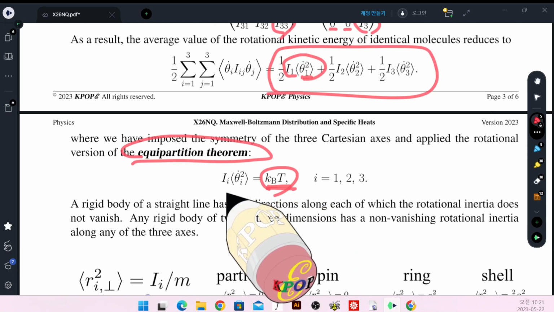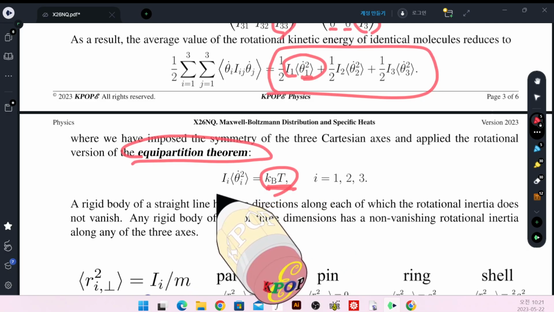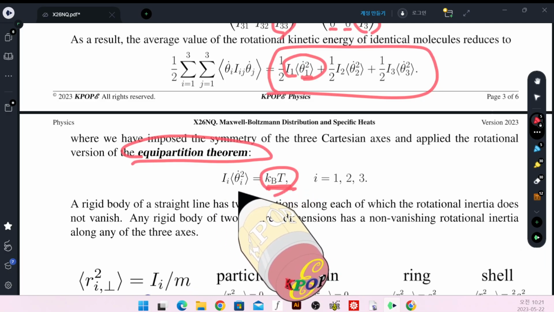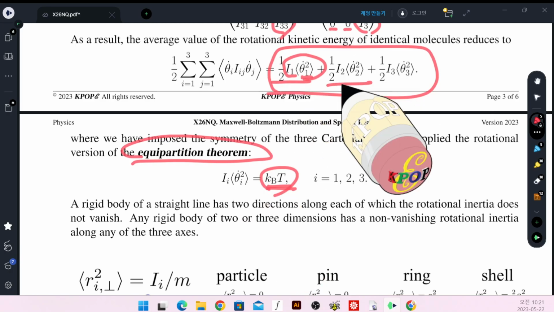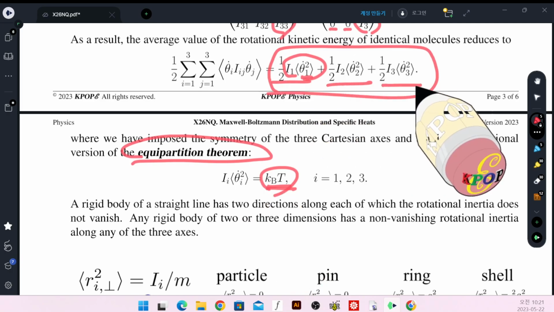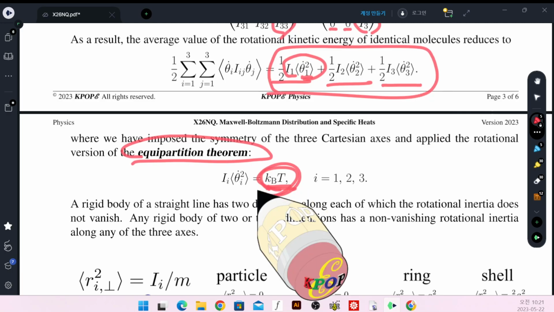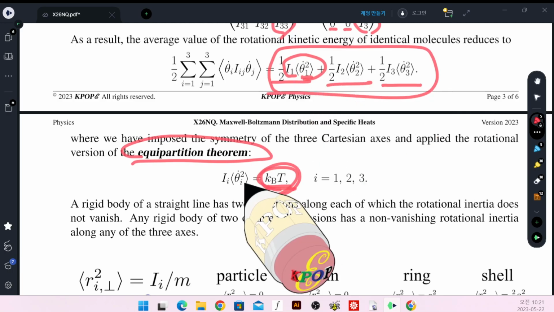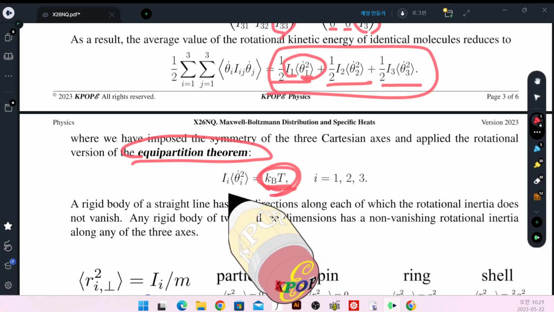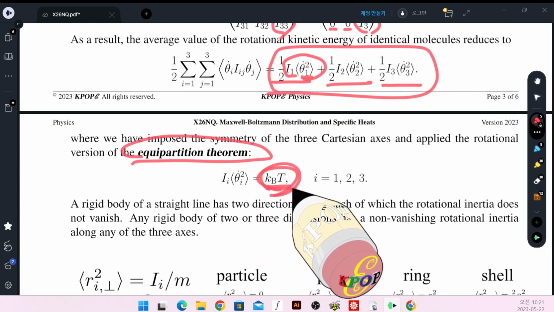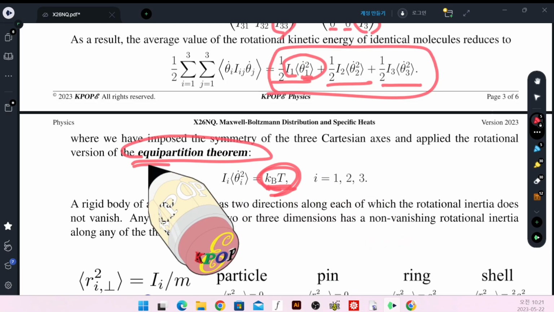As long as this I is non-vanishing, each non-vanishing rotational kinetic energy component appears, and the I times omega squared along that axis is to be replaced with kBT. That is the equipartition theorem.